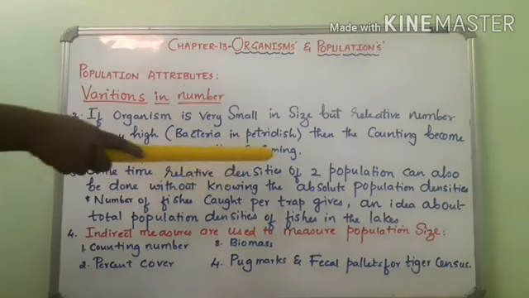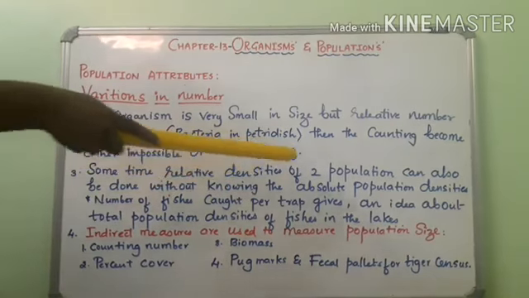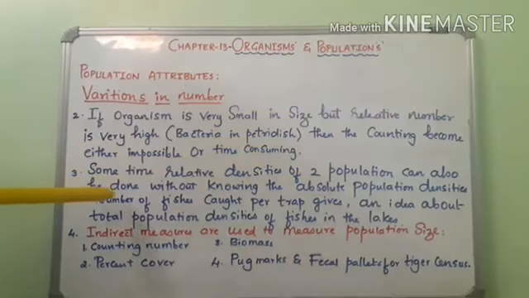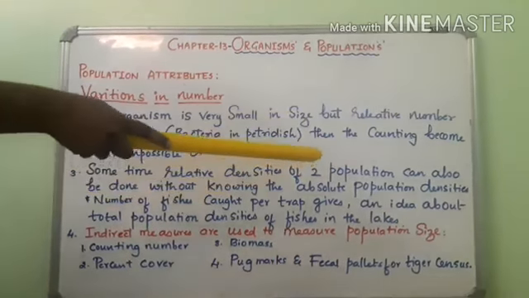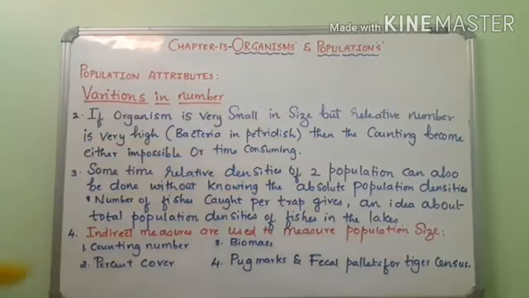Sometimes the relative density of two different populations can be determined without knowing the absolute population, that is, the number of organisms per unit area or volume. So how are we going to calculate it?